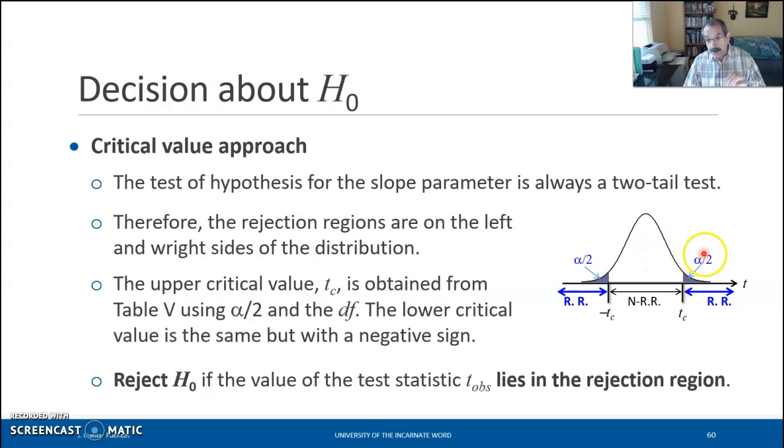That will give us this upper critical value. To find the lower critical value, we use the symmetry of the t distribution, and we know that it's just the negative of the positive value that we found. So if the value of the test statistic lies in either rejection region, then we will reject the null hypothesis.